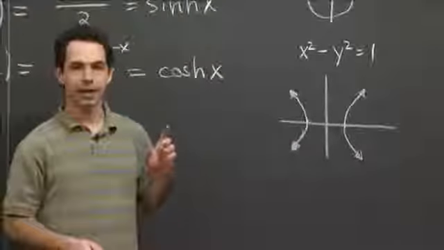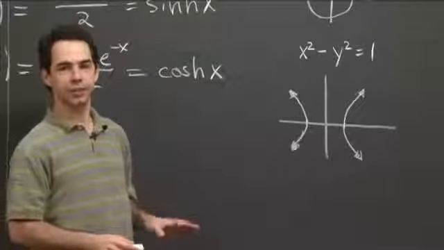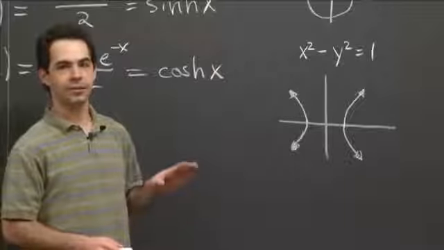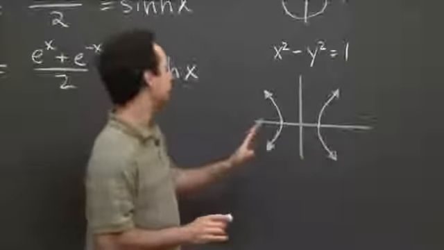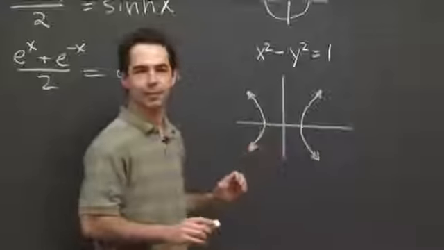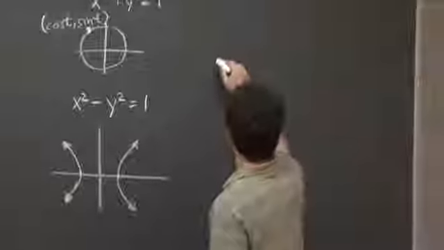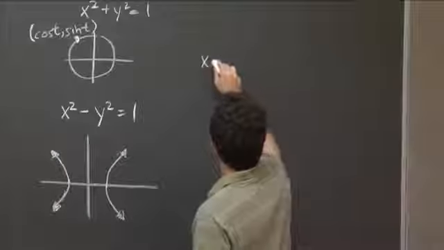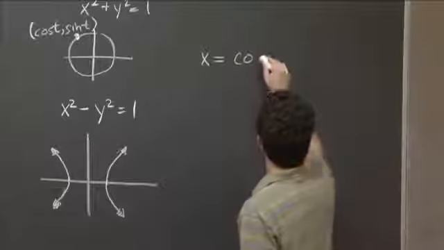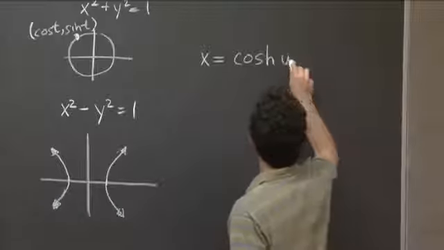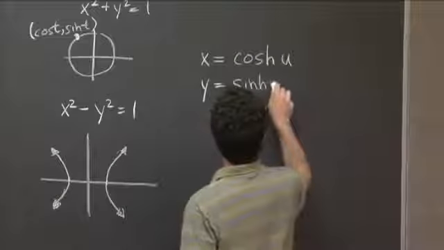Now, what I claim is that cosh and sinh have the same relationship to this hyperbola as cosine and sine have to the circle. Well, all right, so I'm fudging a little bit. It turns out it's only the right half of the hyperbola. So what do I mean by that? Well, here's what I'd like to do. We're going to introduce a new variable u, and I'm going to set x equal cosh u and y equals sinh u.